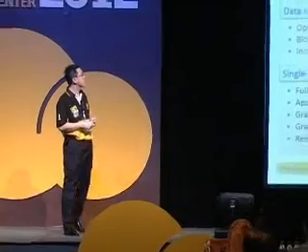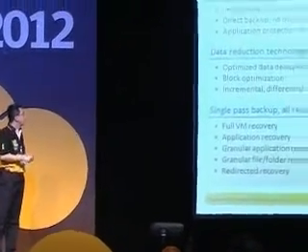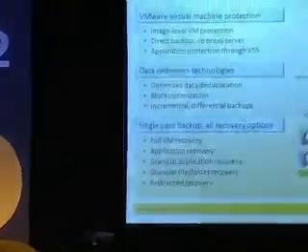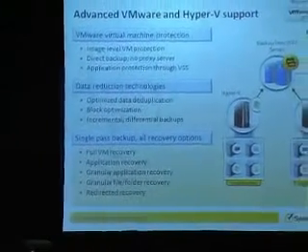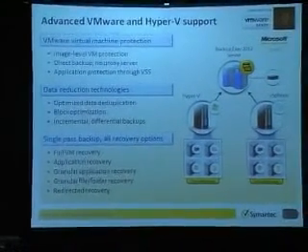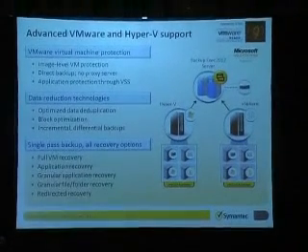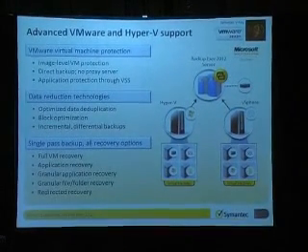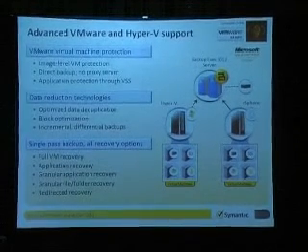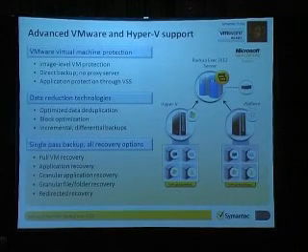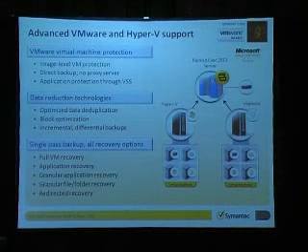So what we do with our virtualization backup: we support Hyper-V and we support VMware. With our V-Ray technologies, you're going to hear about V-Ray a lot more in the near future. V-Ray is basically a semantic marketing term for a few key technologies. The first one is the stream handlers.